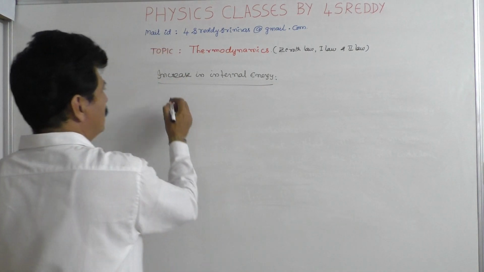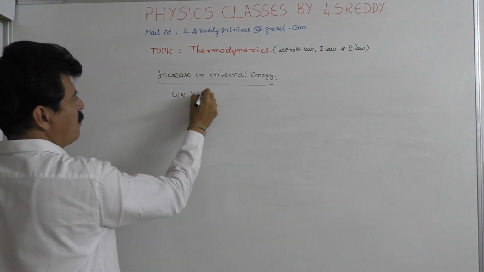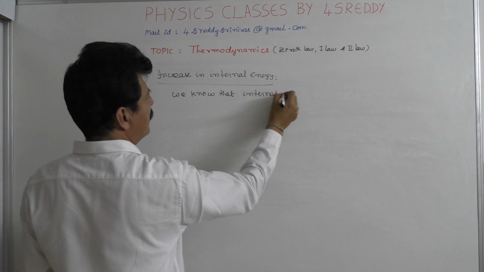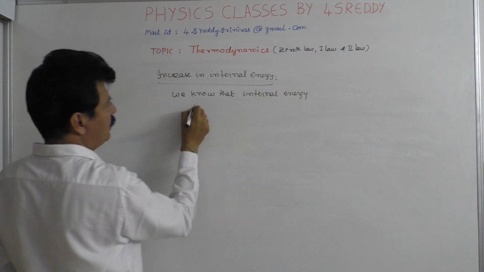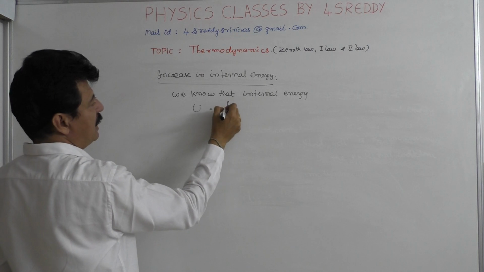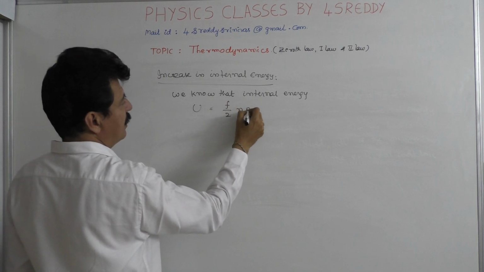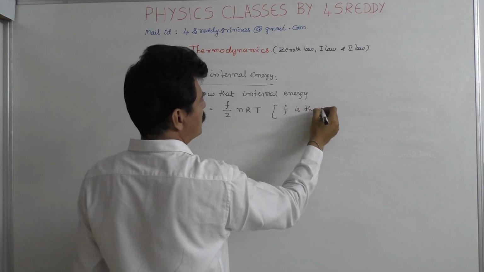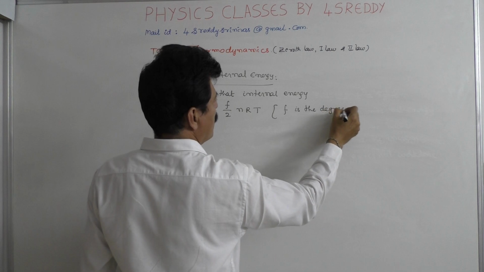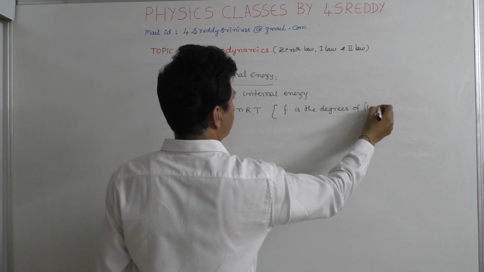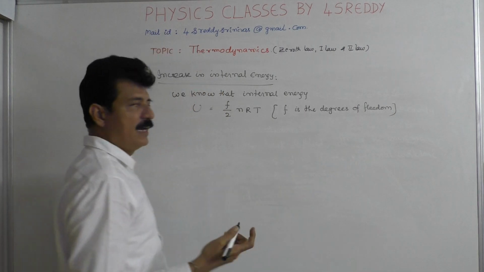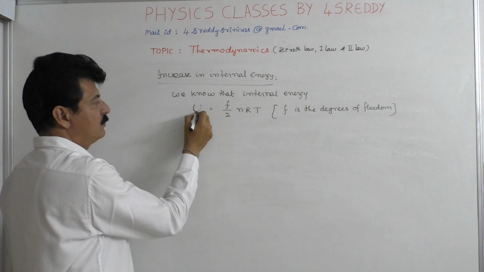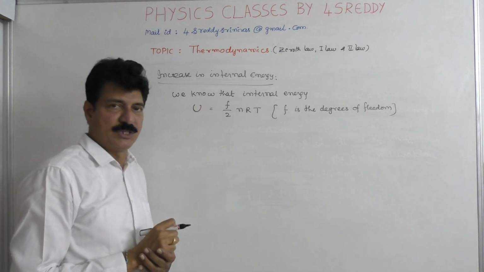Then we know that internal energy is given by the standard form U is equal to f by 2 into nRT. Here f is the degrees of freedom and n is the number of moles. And this is the internal energy of the system.